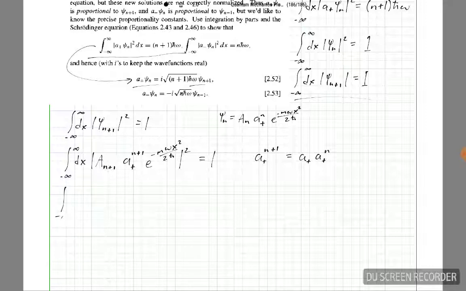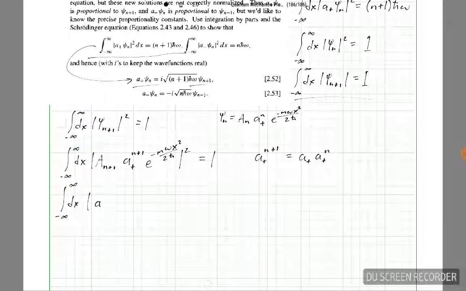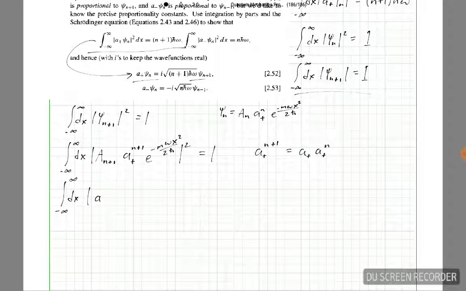So I'm just going to rearrange it. So now I'm just going to pull this guy out because it's a constant. I suppose I should put it in absolute values, but I guess I'm good. And I'm just going to have this.